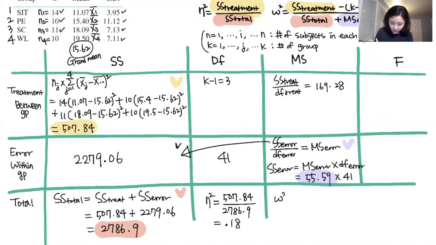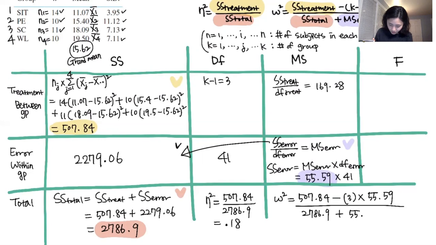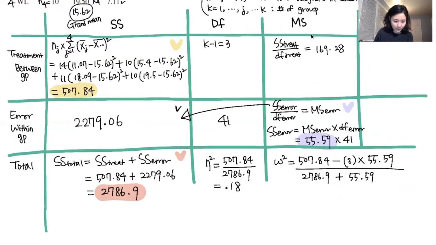And omega squared is 507.84 minus (k minus 1, which is 3) times the mean square error, 55.59, divided by the denominator, which is 0.07.